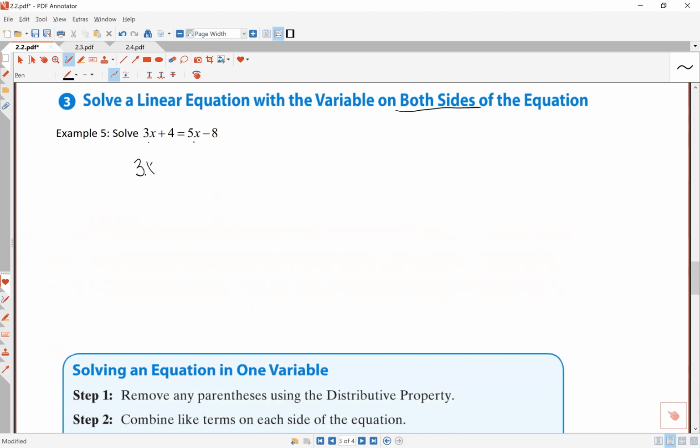We can do that by subtracting 5x from both sides. If I subtract 5x from the right side, it gets rid of that 5x. If I subtract it from the left side, 3x minus 5x is negative 2x.